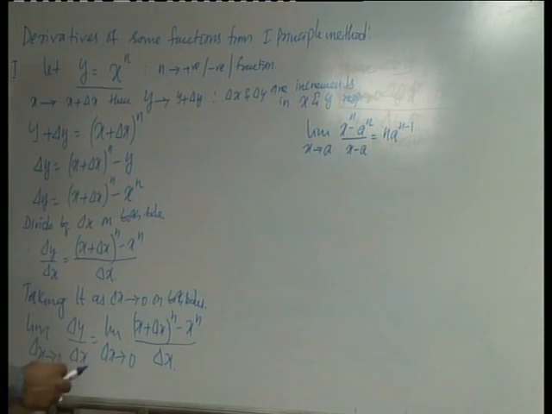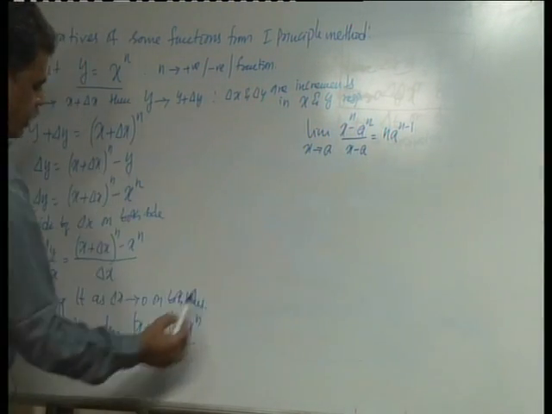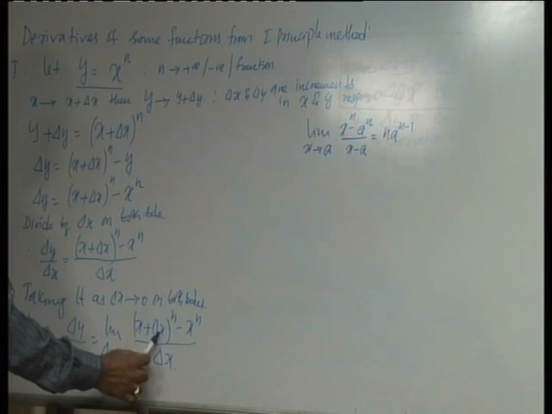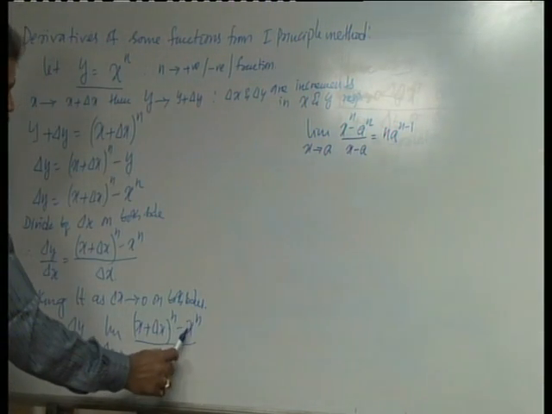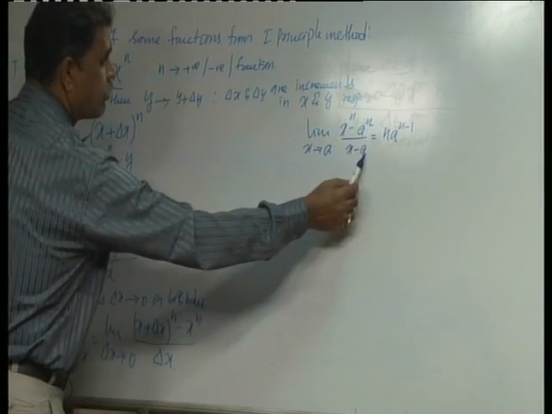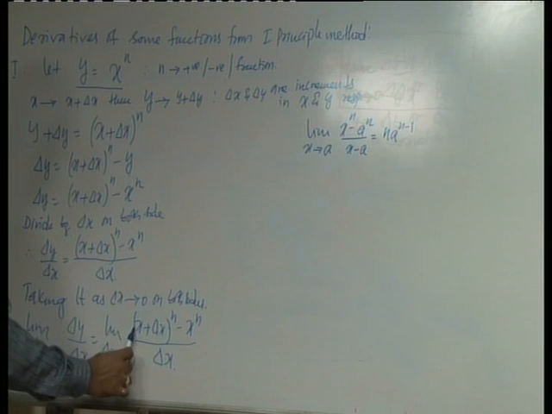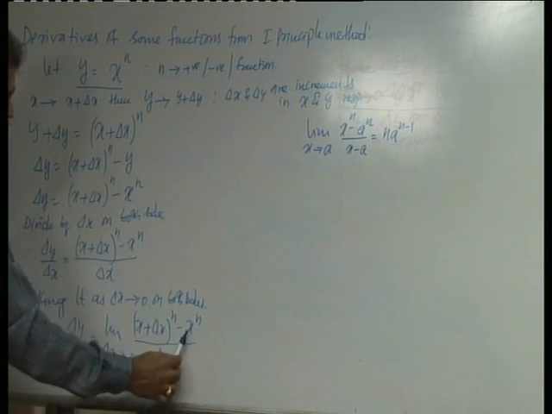Then in place of x, we have x plus delta x to the power of n, minus, in place of a, we have x to the power of n. In the denominator we do not have the x minus a form. So x becomes x plus delta x, minus a which is x.